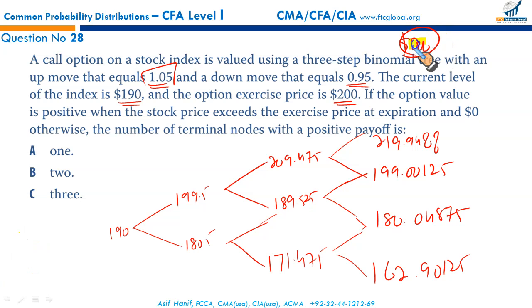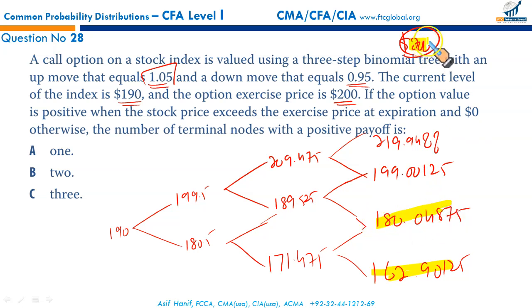When will this pay you positively? If the market price is 162, you will simply throw the option away and go and buy in the market. When the market price is 180 and the exercise price is 200, you will simply go to the market and buy at 180.